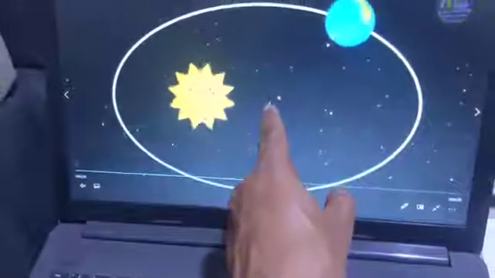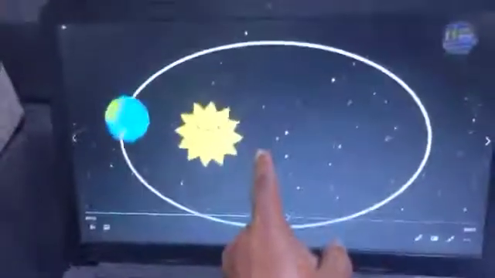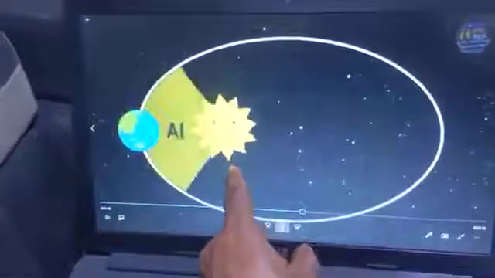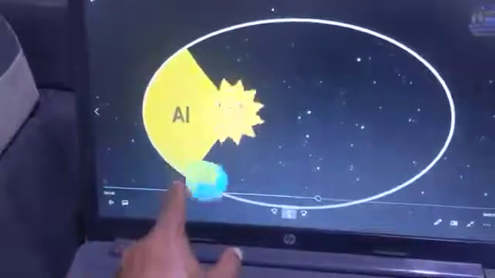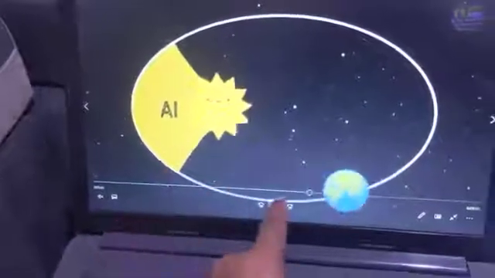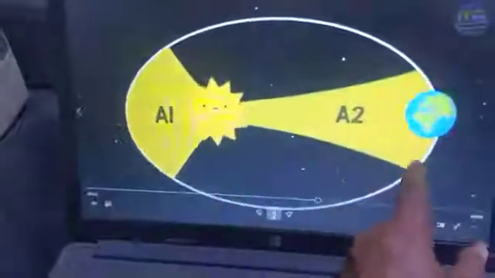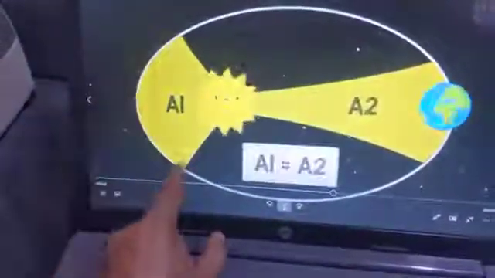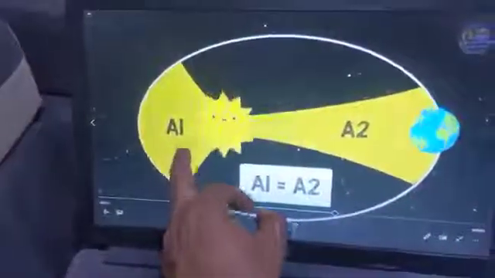Now if you take this path, let's take here, this is one area. If the distance just traveled takes time delta t1, and it moves again another distance, area a2, and the time interval to travel this one and this one are the same, then the areas a1 and a2 are the same.